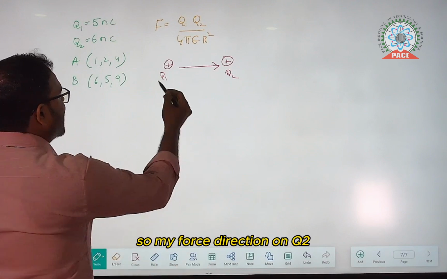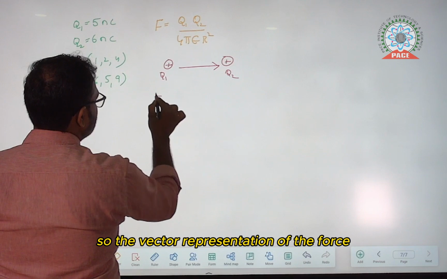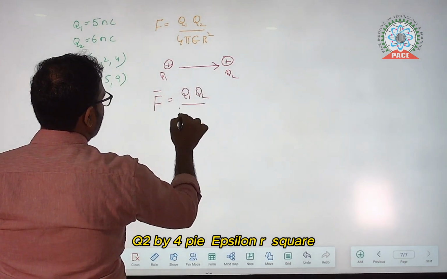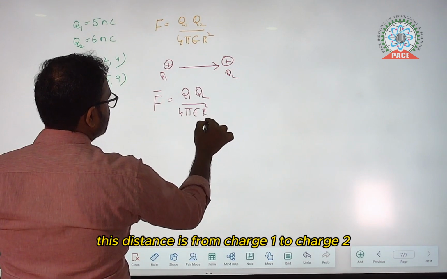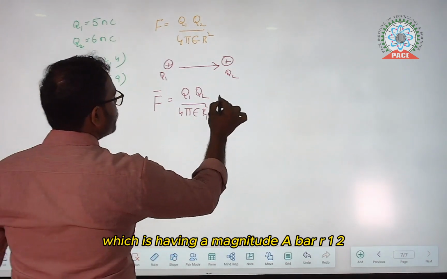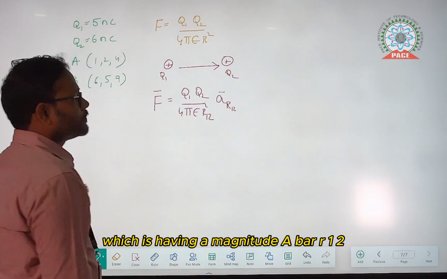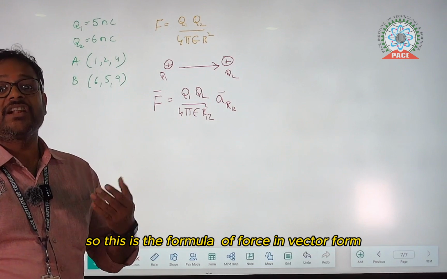So the vector representation of the force is Q1 Q2 by 4 pi epsilon r square, times a bar r12, where r12 is the direction from charge 1 to charge 2.